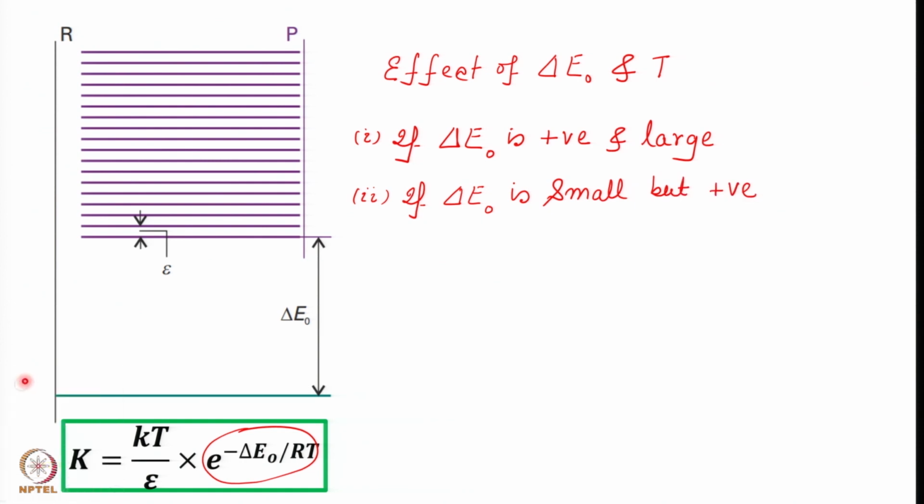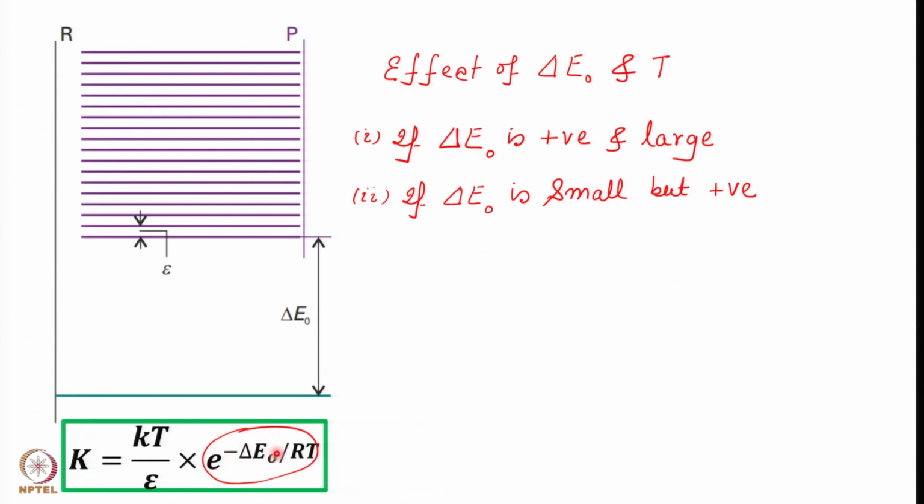Now you assume that this delta E naught is not very large. It is positive but not very large. Then this is a reasonable number. Remember, if delta E naught is large, then this factor is going to dominate.